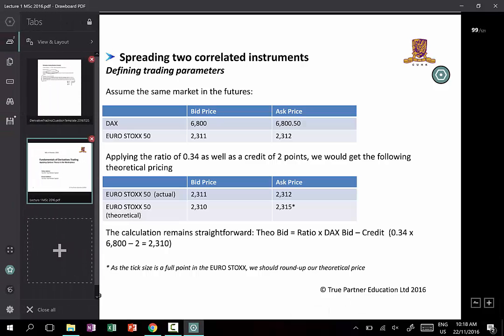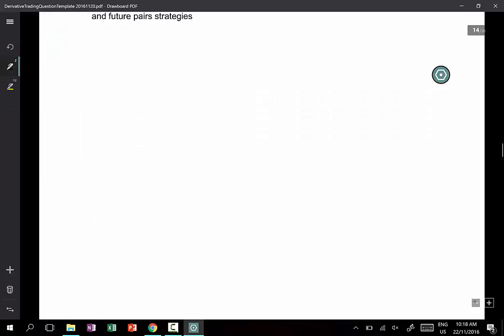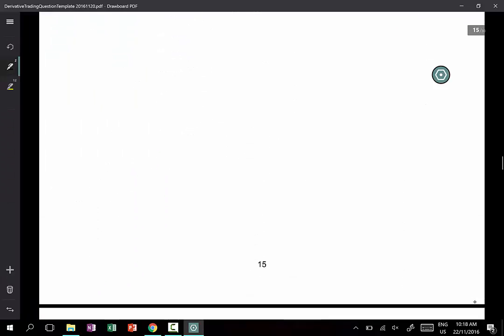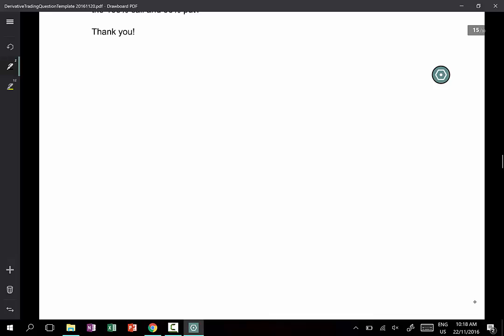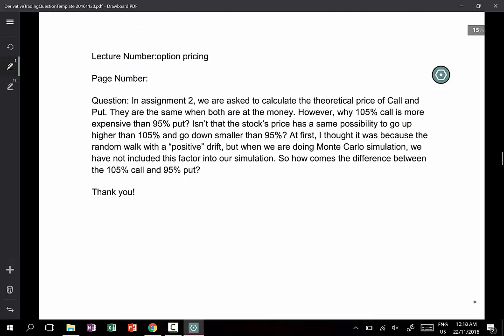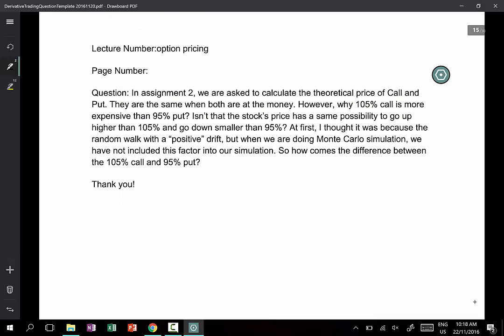Okay, now let me take a look at question 15. I'm actually quite glad that some of these questions are kind of repeating themselves, because that means that different students are actually confused or having problems with similar stuff.